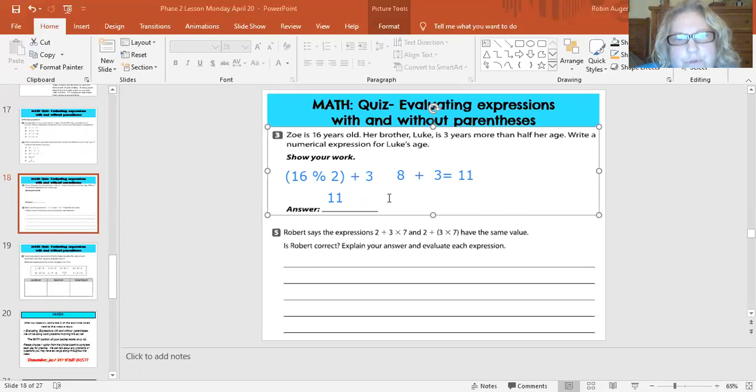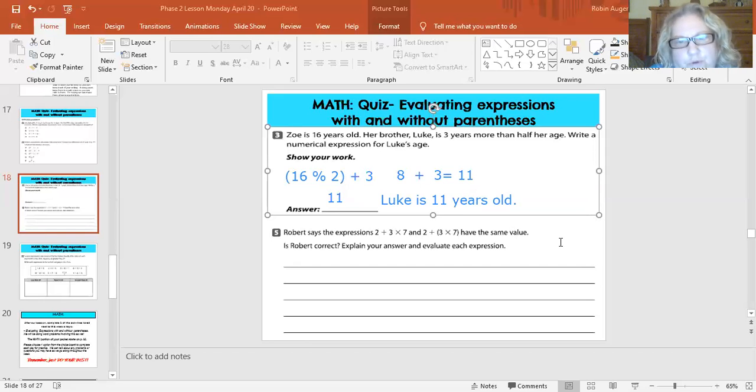And usually what we'll do too is put a statement. It's not asking you for it here, but if it was just, write a statement about your number sentence, it would be Luke is 11 years old. Easy peasy, right?